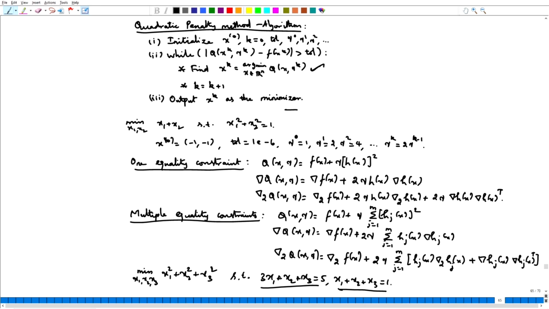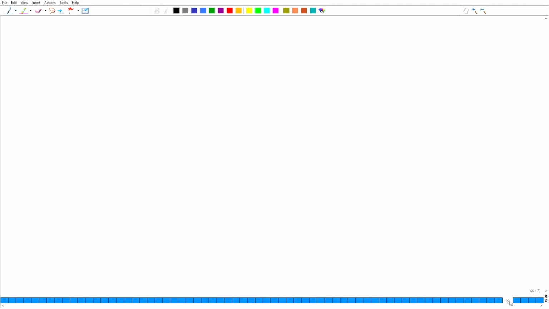Okay. So, analytically finding an answer to this problem is quite easy, because the answer must satisfy these two conditions, right. And you can also include the KKT conditions.